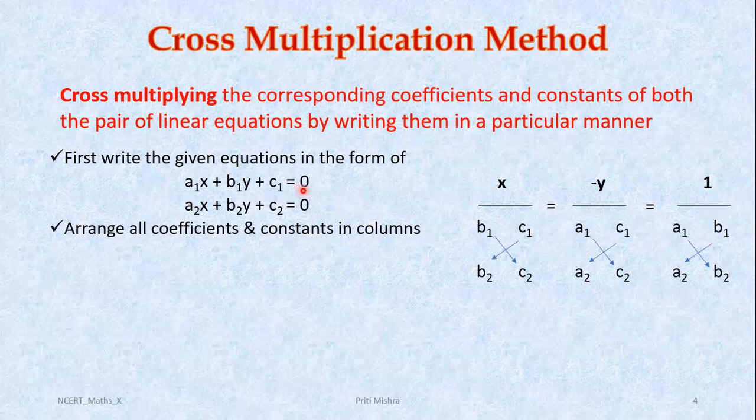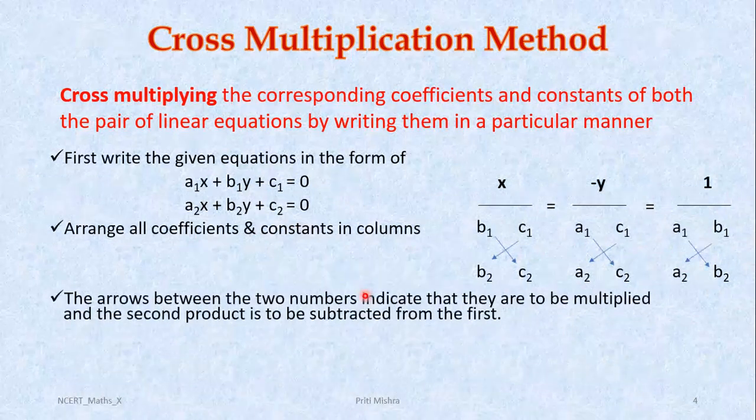This is the constant term here, so we have to hide this third column. You have a1, a2 and b1, b2, these two columns. Just write them in the same way in the denominator below 1. Now you can see I have shown some arrows here.